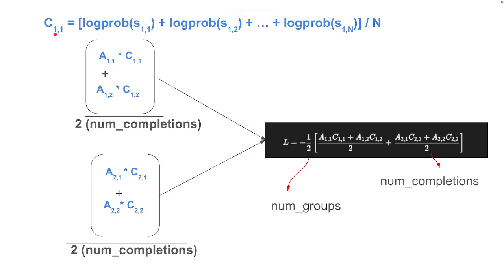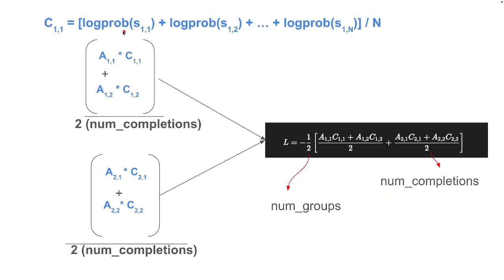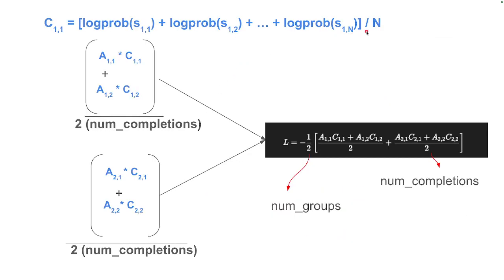Now let's define another notation, C11, which is the completion for the first sequence of group 1, or prompt 1. This is basically the summation over all the tokens, and we normalize it by the length of the sequence. Here it is n, so we normalize by the length of that sequence, and we calculate this for all the sequences.